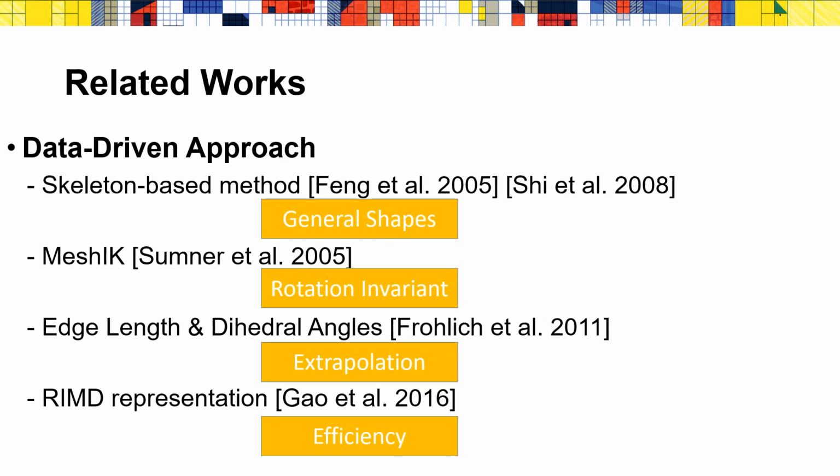There are also some other works that use data to learn, to make the deformation have a much better result, such as the very famous work of MeshIK. But MeshIK is based on the deformation gradient. We know that the deformation gradient is not rotation invariant, so MeshIK is not easy to handle exemplar shapes with very large scale deformation.